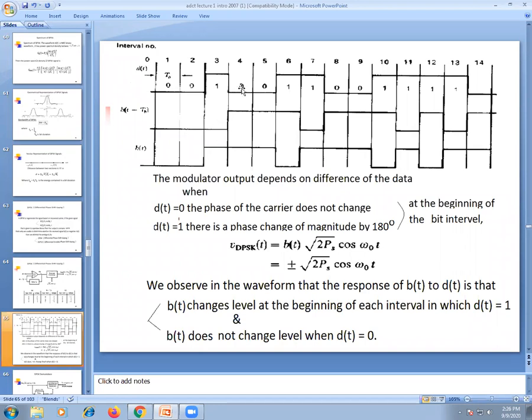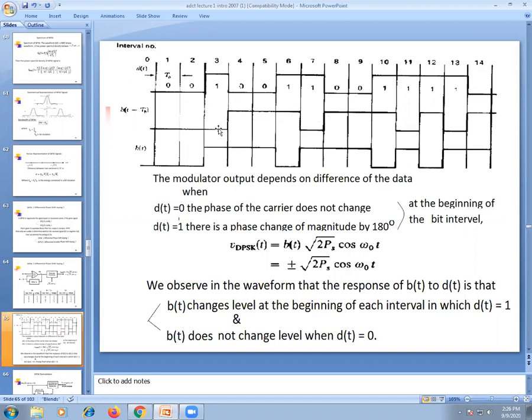This is 1. 0, 1, 1. 1, 1, 0. 1, 0, 1. So this is the waveform. Please practice the waveforms.